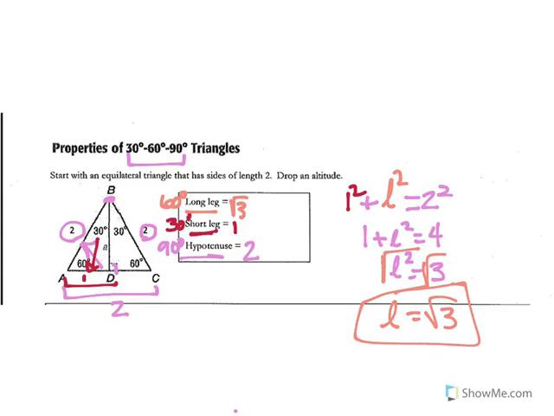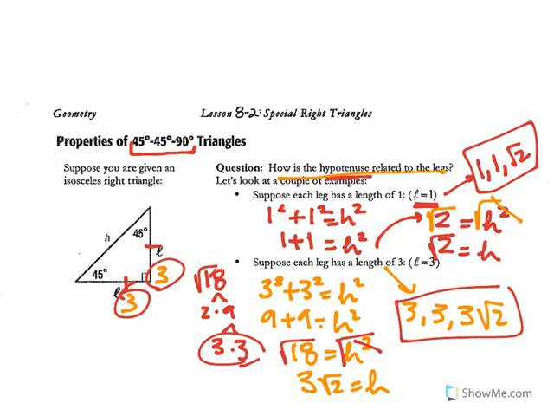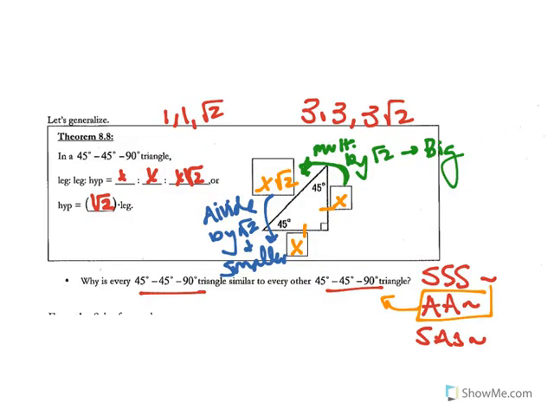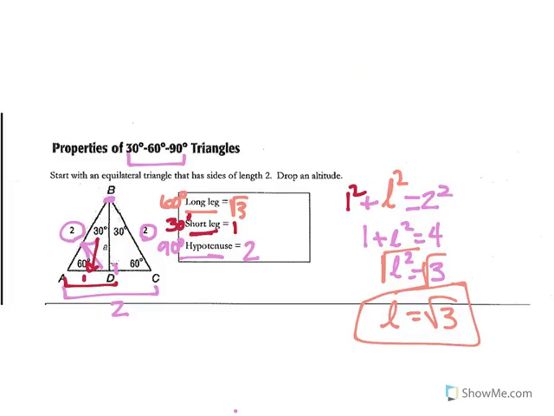Now, we don't have a pattern yet. If you remember back in our 45-45-90 triangle, our pattern was x, x, x root 2. Our pattern here isn't going to repeat our x's, but it will have at least one x. And I think it's easiest to have your x be with your 30-degree angle, your short side. So your short side is just x.